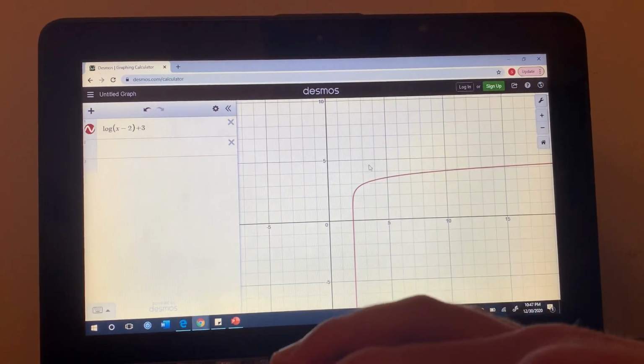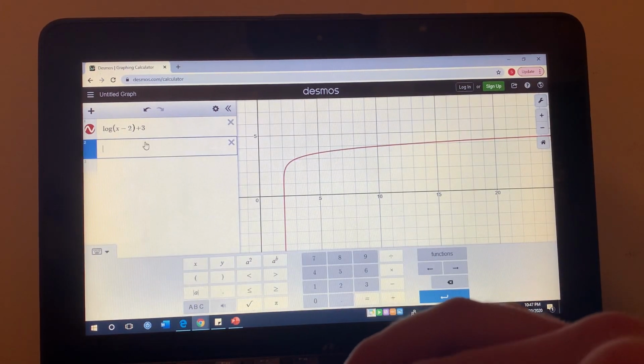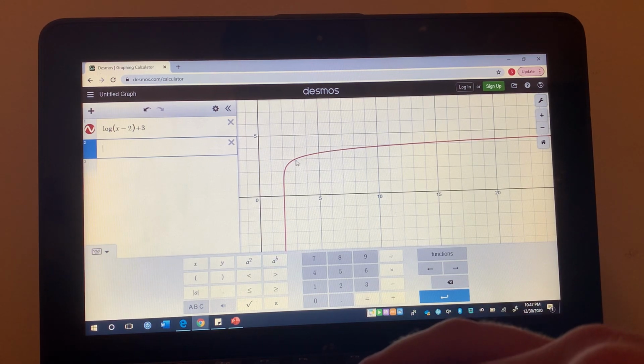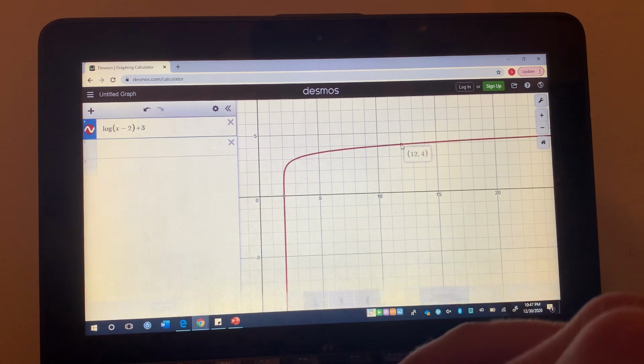Okay, and then our other point to plot would be when it goes up 1. The vertex goes up 1 and over 10: 1, 2, 3, 4, 5, 6, 7, 8, 9, 10. So h, which is 2, plus 10 is 12, and you get 4.